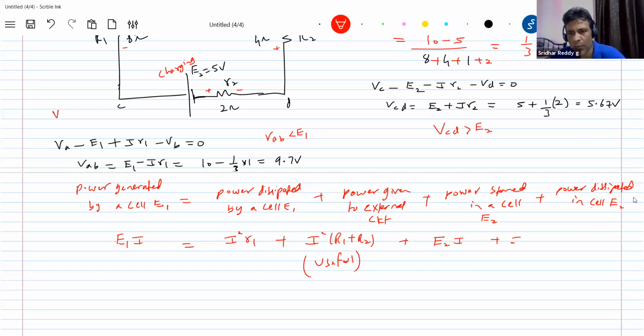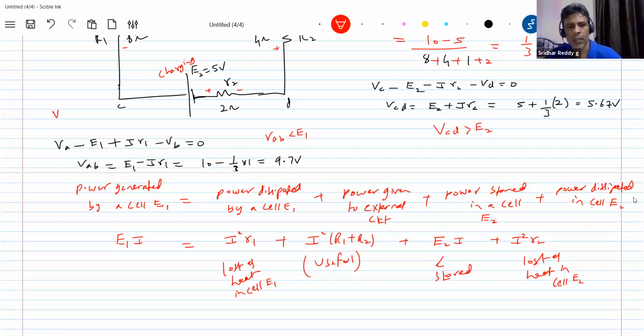This will again be lost as I square R2. This will be useful, this will be stored, this will be supplied. Are you getting this one?